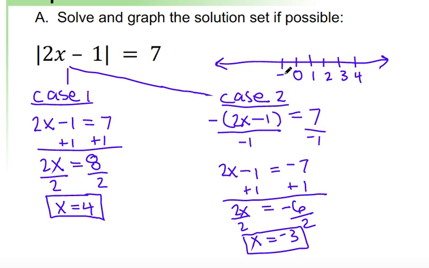And then here I'm going to go negative 1, negative 2, negative 3, and then I'm just simply going to plot these points. So I've got a negative 3, and I've got a positive 4. So I now have solved and graphed the solution set to the absolute value of 2x minus 1 is equal to 7.